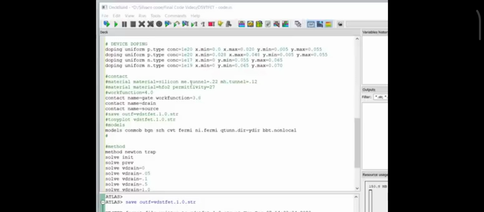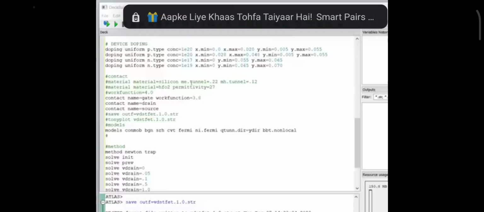Next, you have to define the doping for the drain region. We are using a drain doping of 10 raised to power 19 with its positional parameters: X minimum 0, Y minimum 0.065 and Y maximum 0.070.